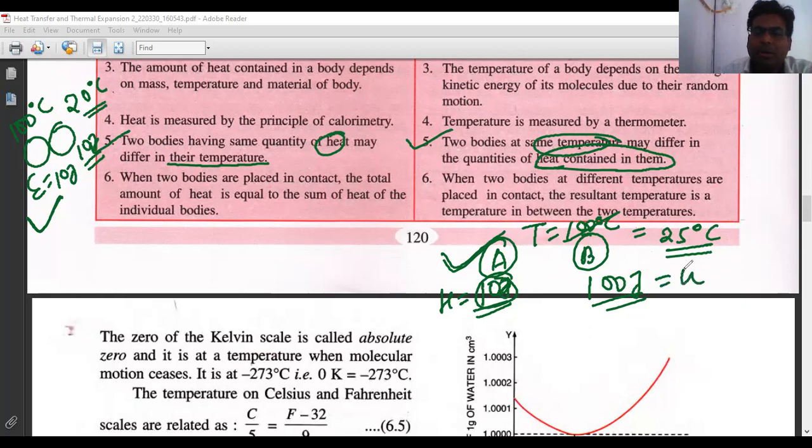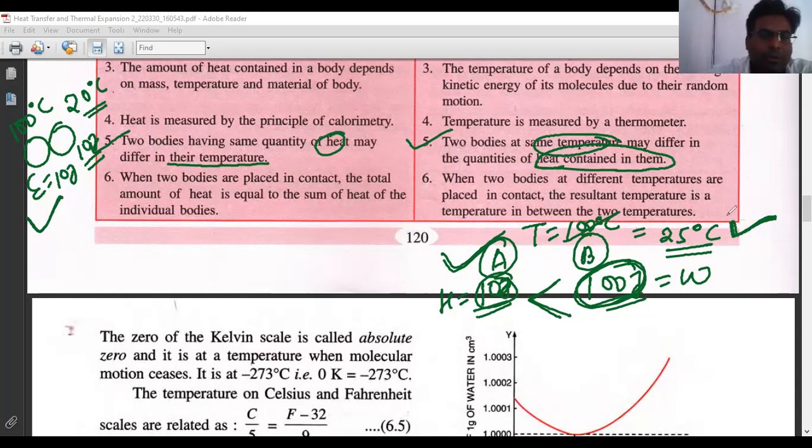So B will do work for 100 joule, right? So there may be a difference in the energy. You can see B has more energy as compared to A, but they are at the same temperature at the same time. Have you understood? Yes.